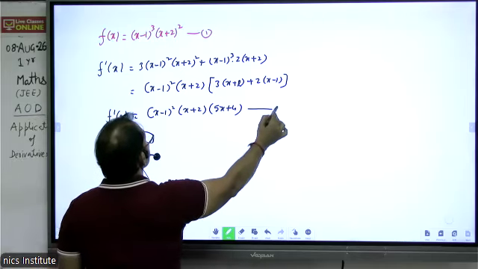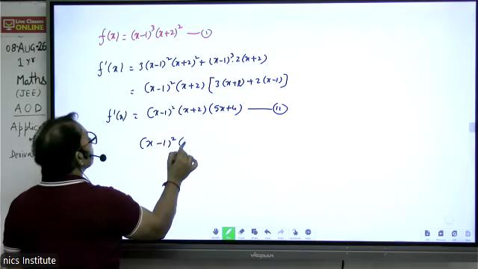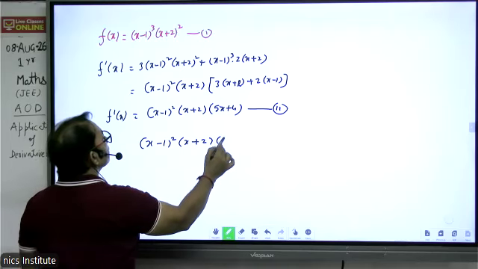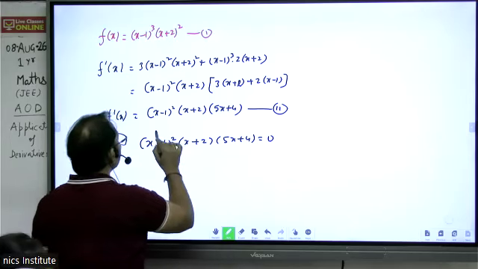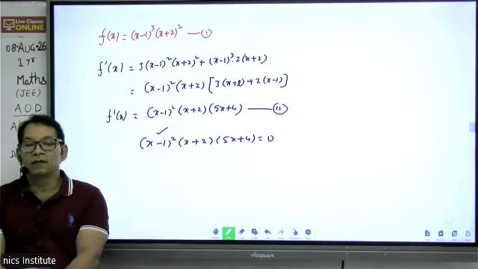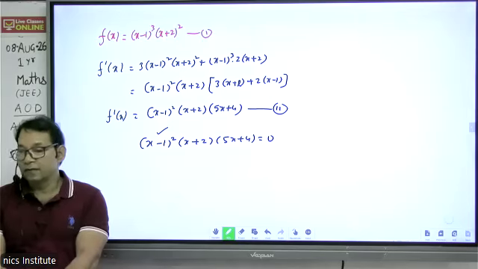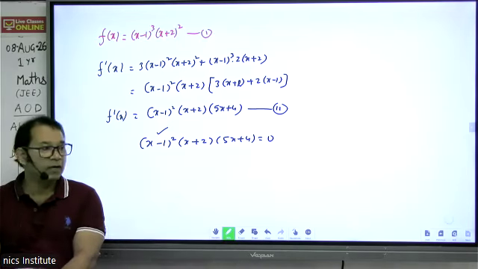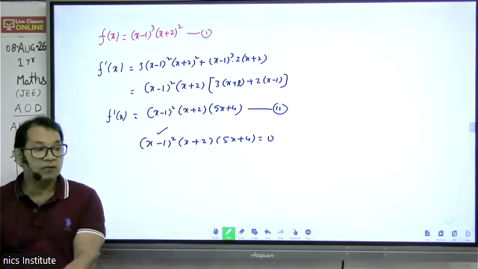Now, when you equate it to 0, one of the factors has even index, even power. That means this point is not a critical point. ठीक है? याद आ रहा है कुछ? Once upon a time किया था हमने ये. This is not a critical point because a perfect square.